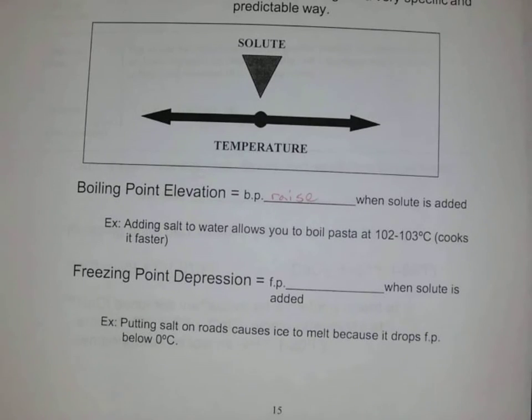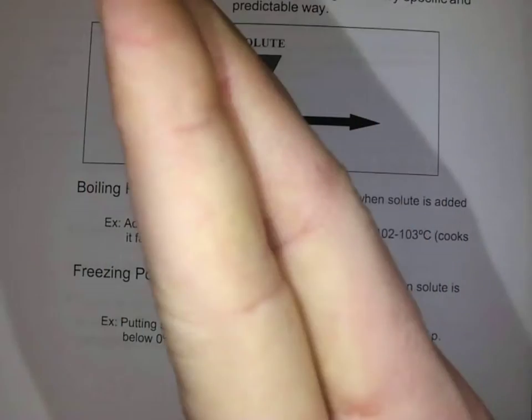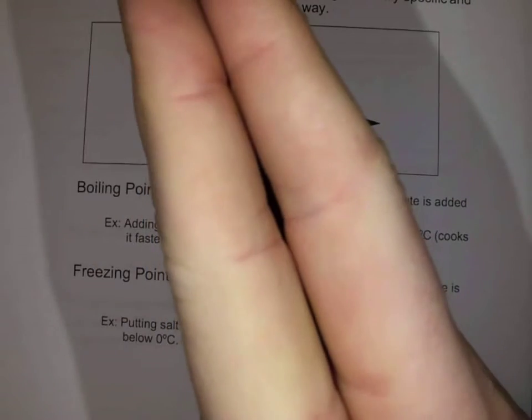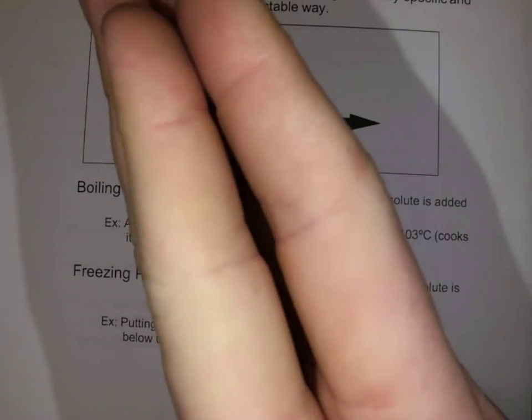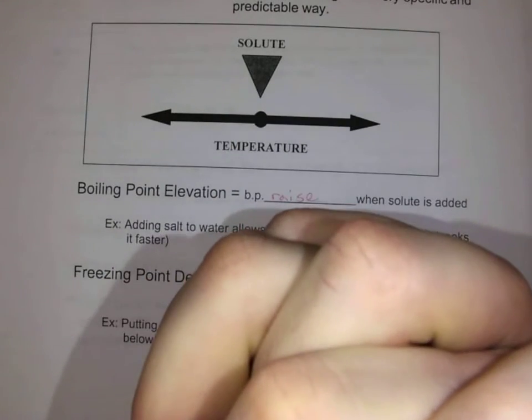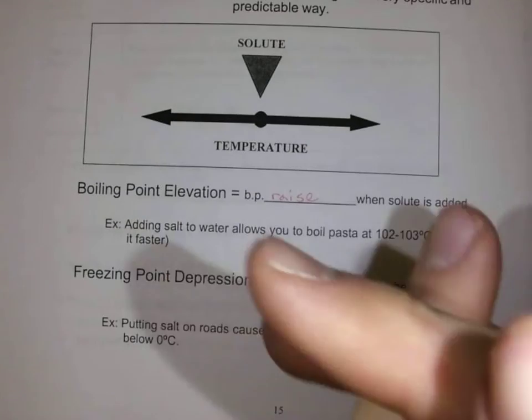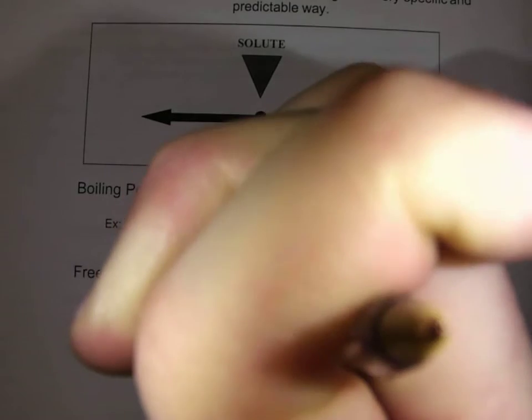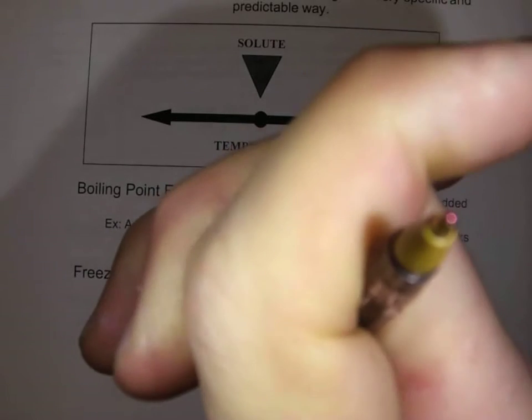Same idea here for our freezing point depression. With freezing point, we've got a liquid trying to go to a solid. So we can have our liquid touching, and to go to a solid, we have to organize those intermolecular forces, to cross our fingers. But if I put something in the way, I can't really cross my fingers as well.